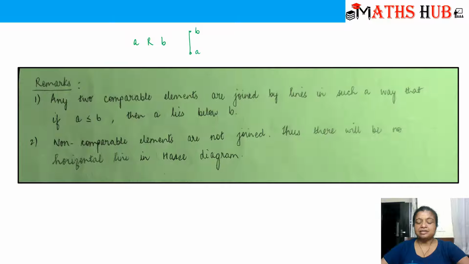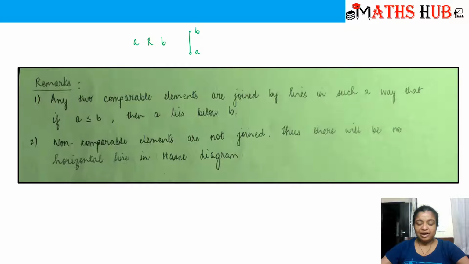And the second remark says that non-comparable elements are not joined. So if there is no relationship between 2 elements, then those 2 elements are non-comparable and they will never be joined, right? So you can see that in the Hasse diagram, there are no horizontal lines, right?